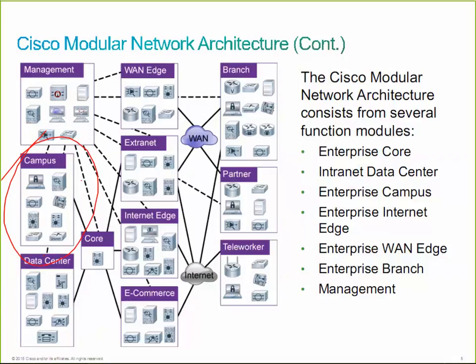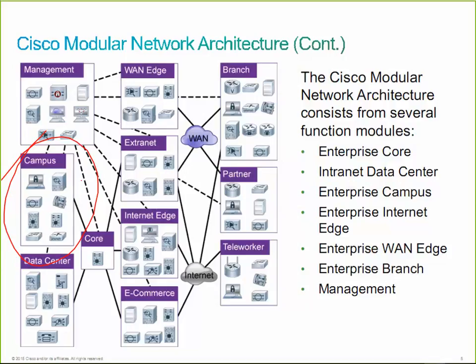I don't know if this chapter is going to get into those details or not, these sub-models or modular designs that we have for each of these building blocks, but you can go out to Cisco.com and search on Cisco Modular Network Architecture, and you can see all of their design models that they use.